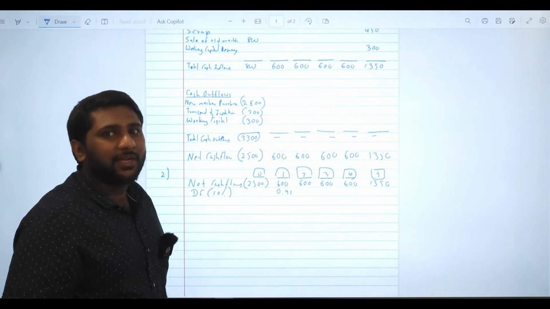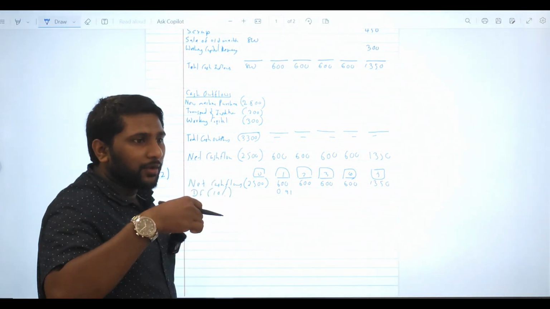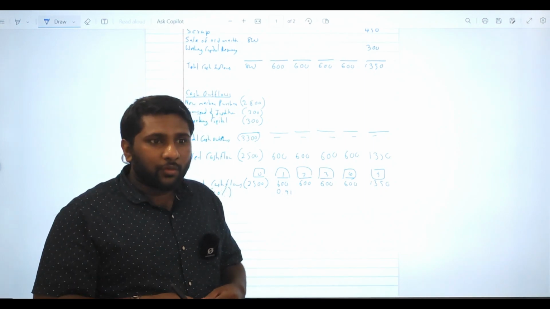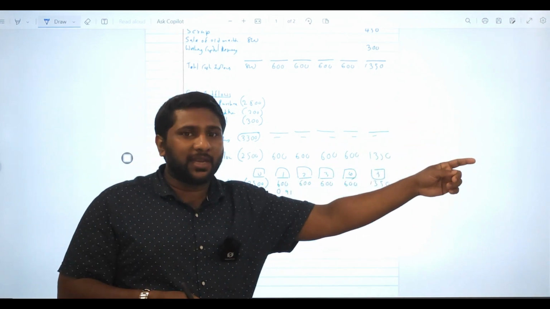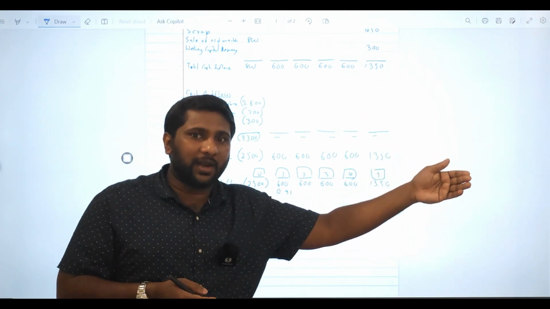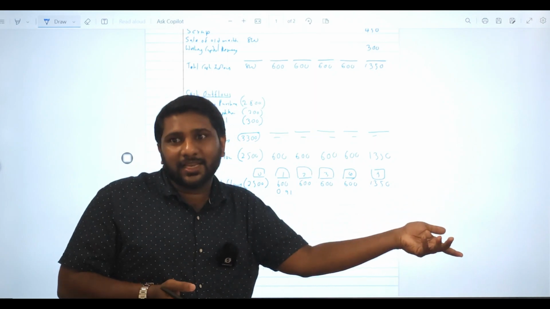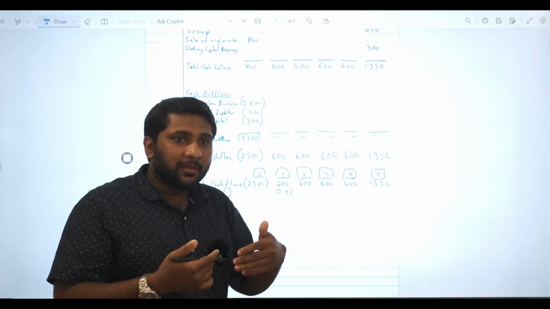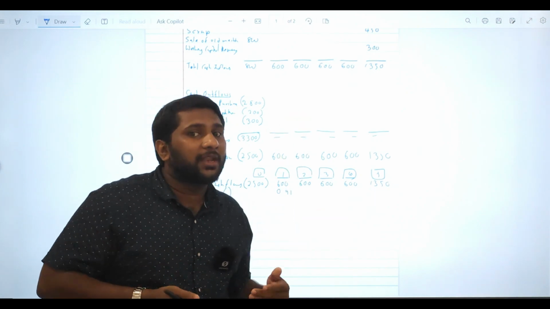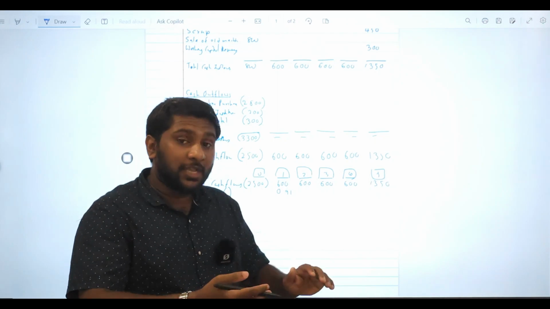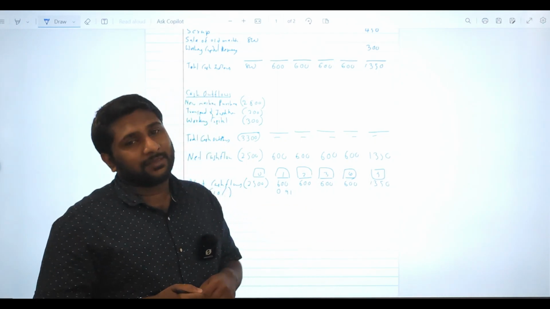One person is telling I have 0.91 now, another is telling I will have 1 rupee in another 1 year. Both are the same. That's the meaning, because with time and inflation, the value of money will decrease. So to get a certain product or service, you will have to pay a higher price.